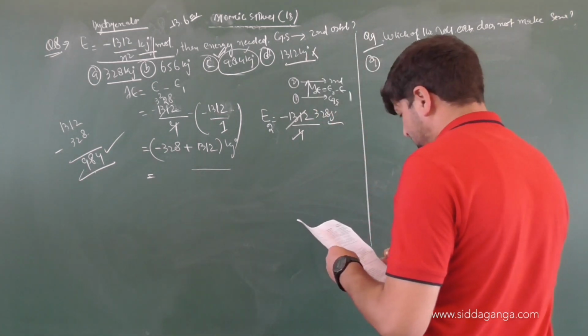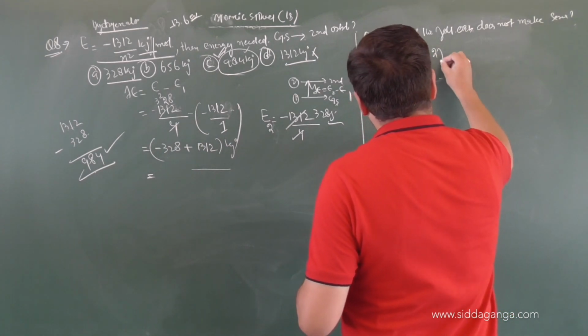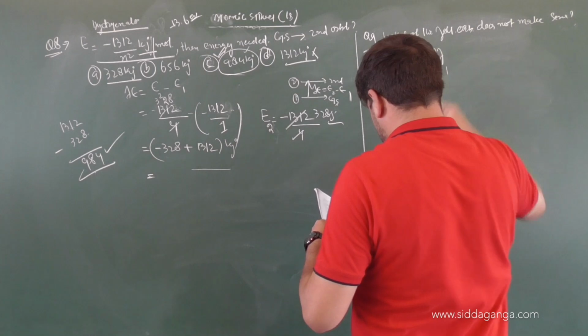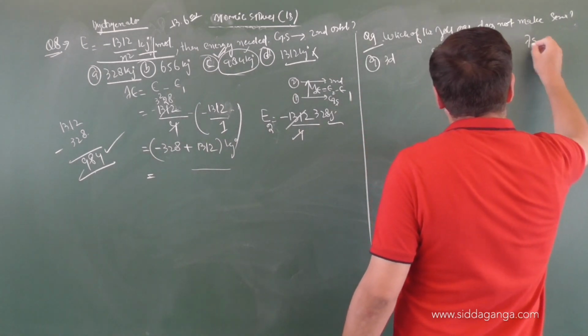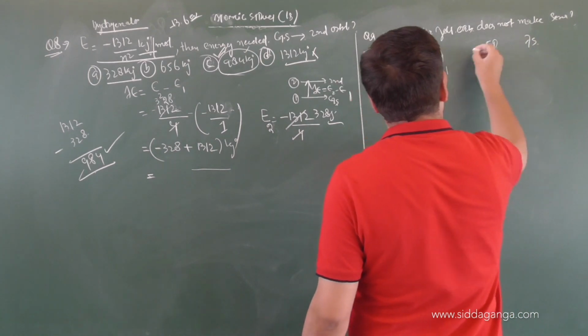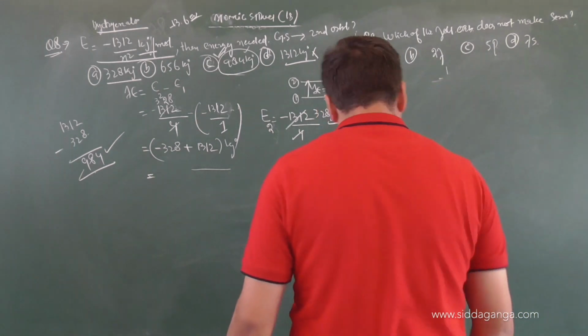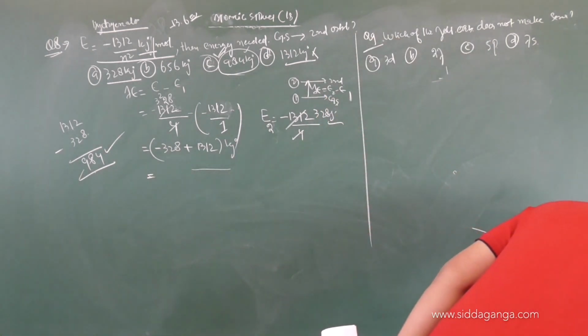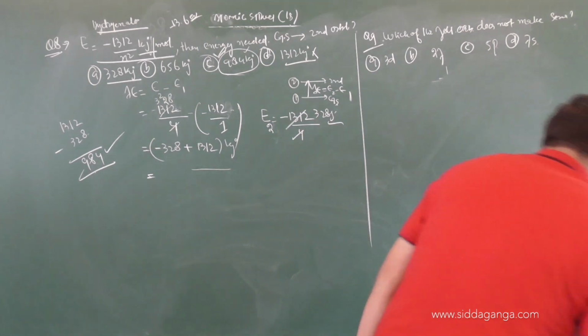Options are A: 3D, B: 2F, C: 5P, D: 7S. So which of the following does not make sense?